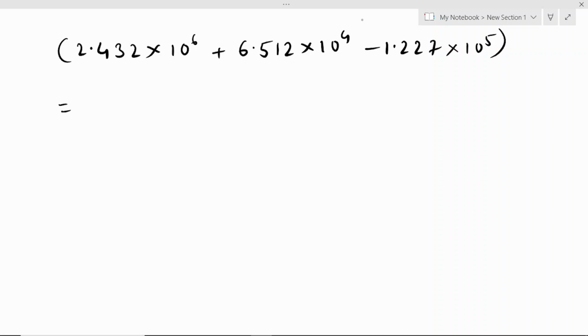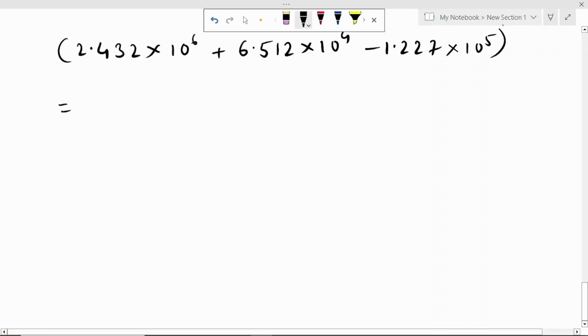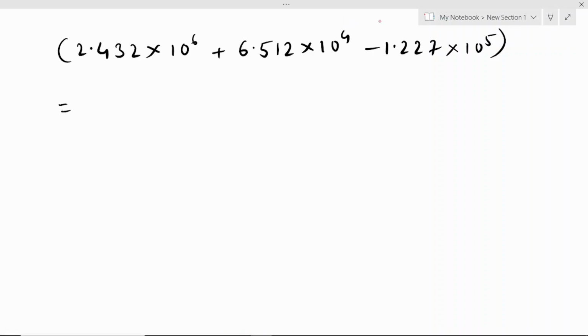Here the rule of thumb says we have to reach the final rounded off result by retaining the higher power of 10. So the higher power of 10 is 10 to the power 6. We have to arrange all three terms in terms of this higher power.